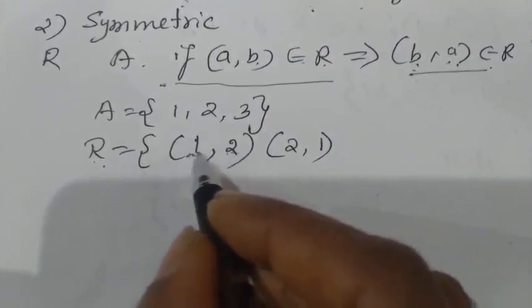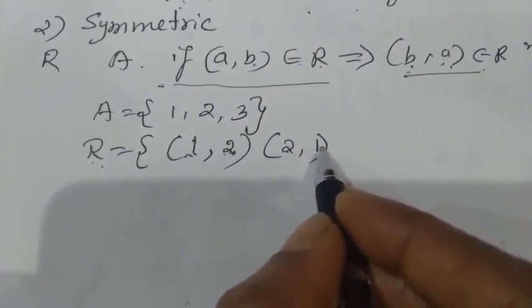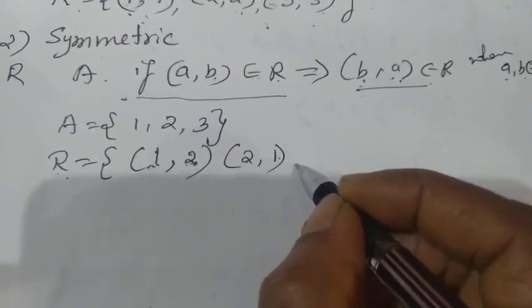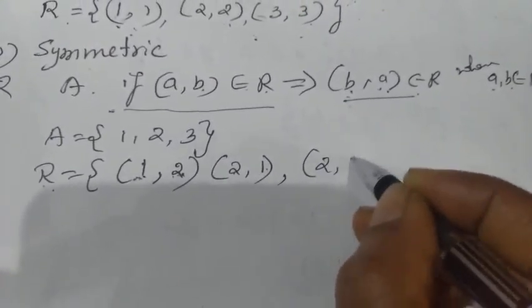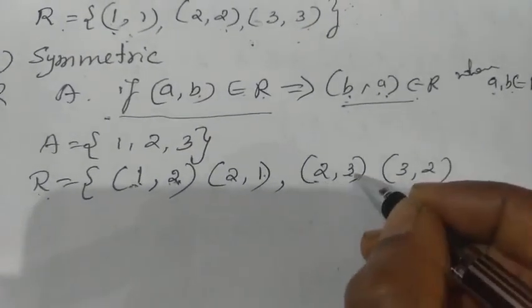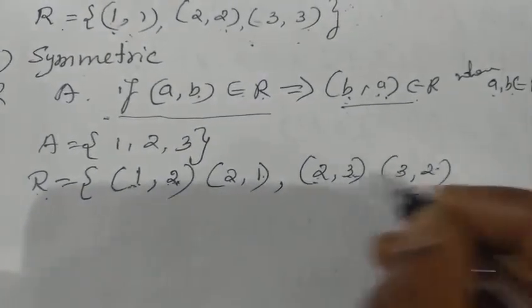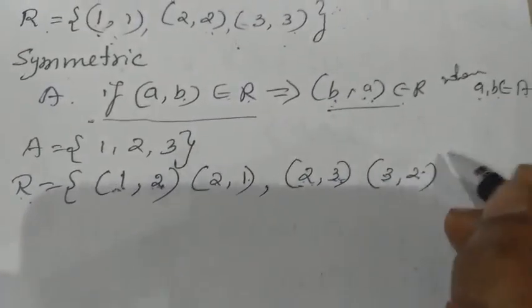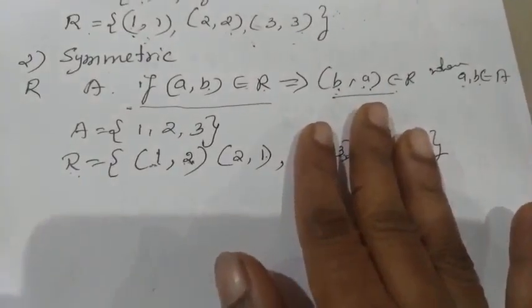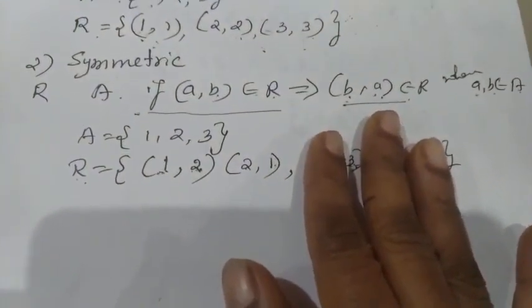Now (1, 2) is there, then (2, 1) is also included in your relation. Similarly, you can add another pair. (2, 3), (3, 2): if (a, b), then (b, a); if (2, 3), then (3, 2) must be included. Okay. This is one symmetric relation. If you write this much only, then also it is symmetric. Okay, (1, 2), (2, 1). That is sufficient.